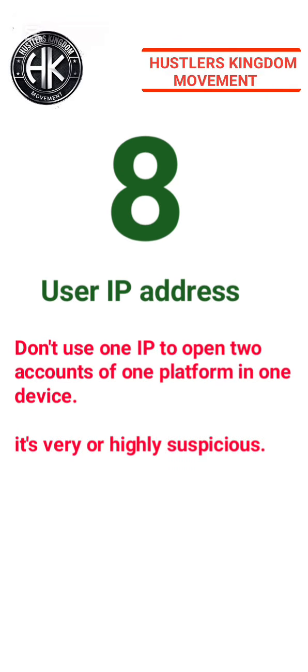Each device that you're using, your mobile device or whatever device, has a unique fingerprint. You understand? So the moment you are opening 2 accounts of the same platform on one phone, it will raise suspiciousness. It's another thing that will put your account in danger. You understand?